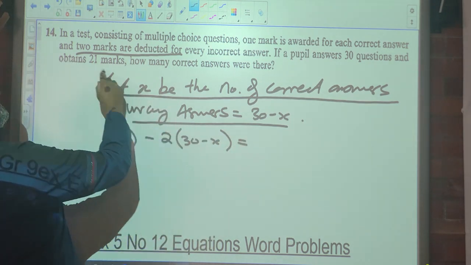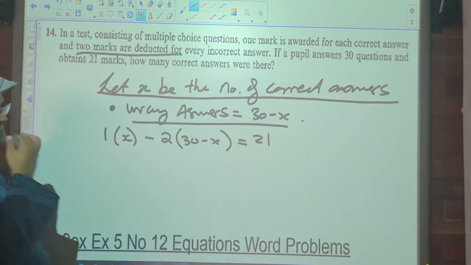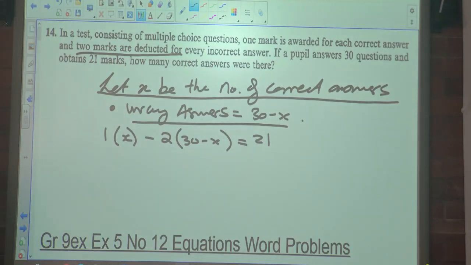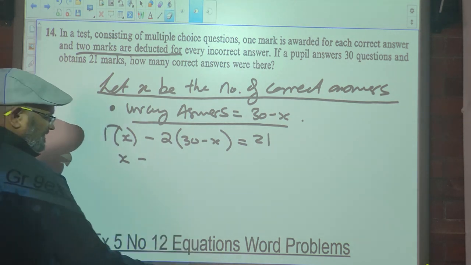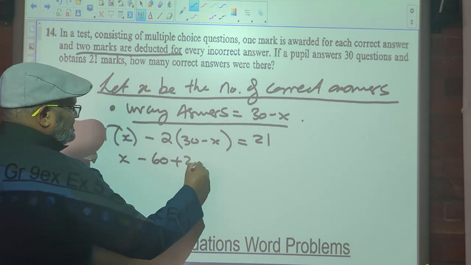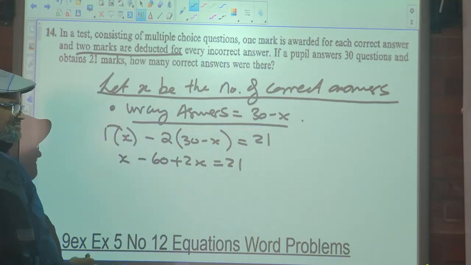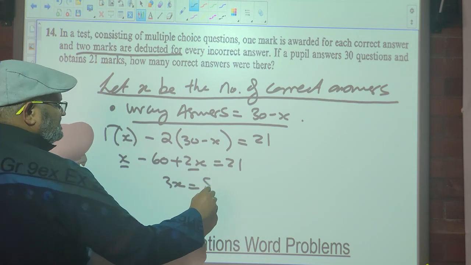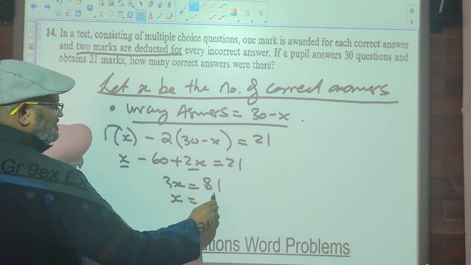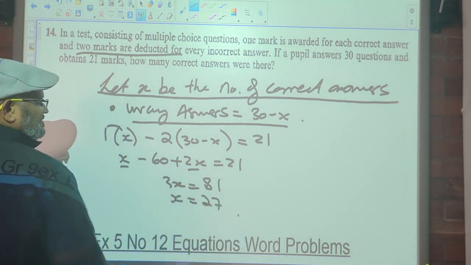That gives you a total of 21 marks. Simple equation. So x minus 60 plus 2x is equal to 21. That gives us 3x is equal to 21 plus 60, which is 81. So x is equal to 81 divided by 3, which is 27.